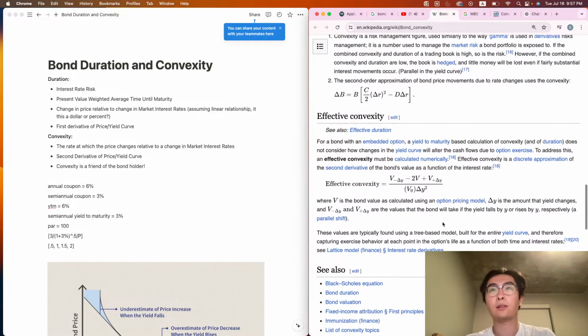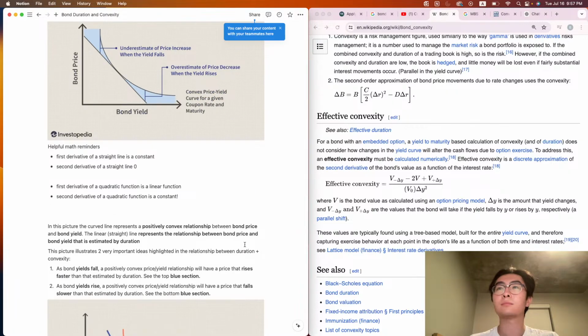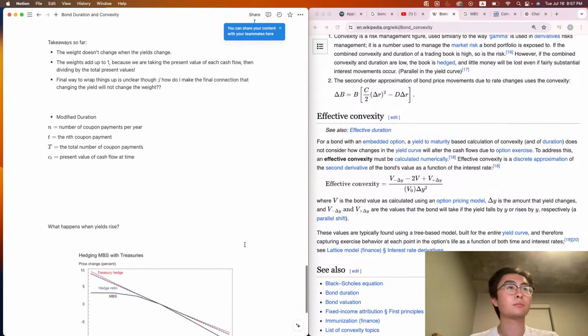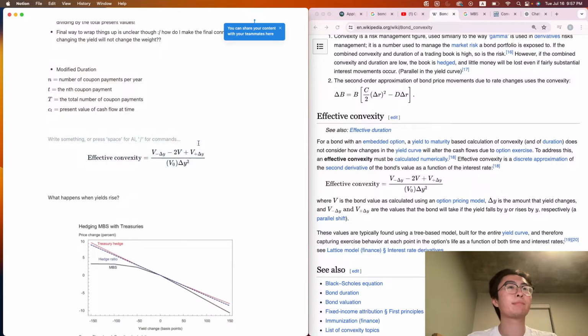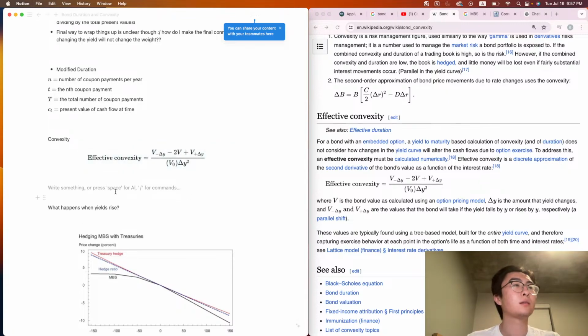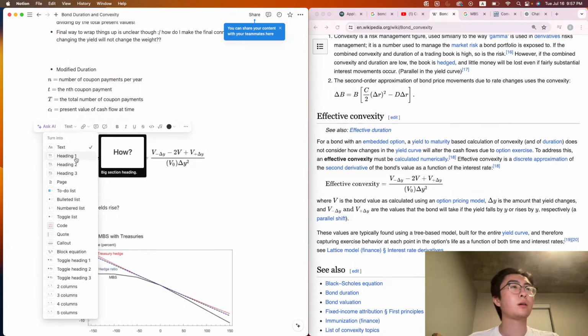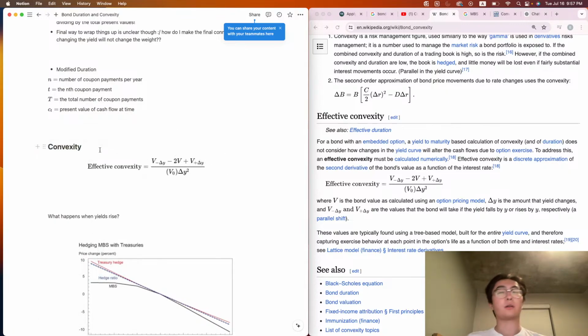Okay, so I think this is actually convexity.